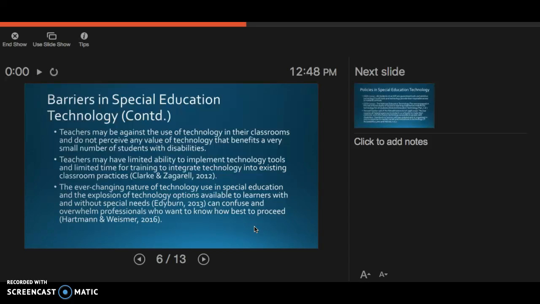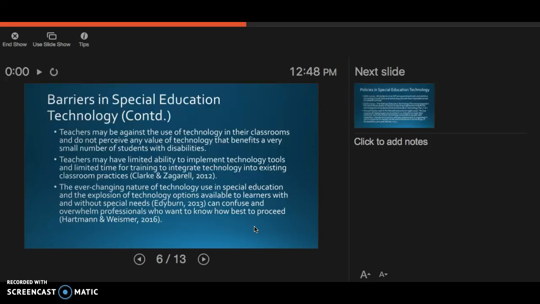Teachers may have limited ability on the technology tools, or they have limited time to be trained to integrate technology into existing classroom practices. And the ever-changing nature of technology used in special education and the explosion of technology options available to all learners with or without disabilities can confuse and overwhelm professionals who want to know how best to proceed.